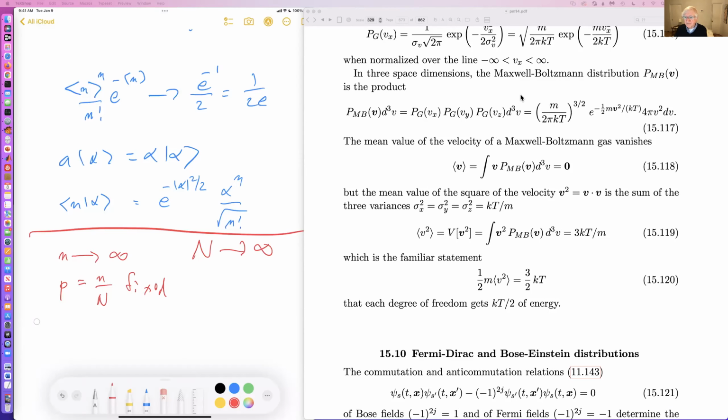The mean value of a velocity is then 0, because this thing is symmetric if v goes to minus v. On the other hand, the mean value of the square is 3kT over m, which is just the statement that 1/2 mv squared is 3/2 kT. And that's the old thing of statistical mechanics, that each degree of freedom gets kT over 2 of energy.